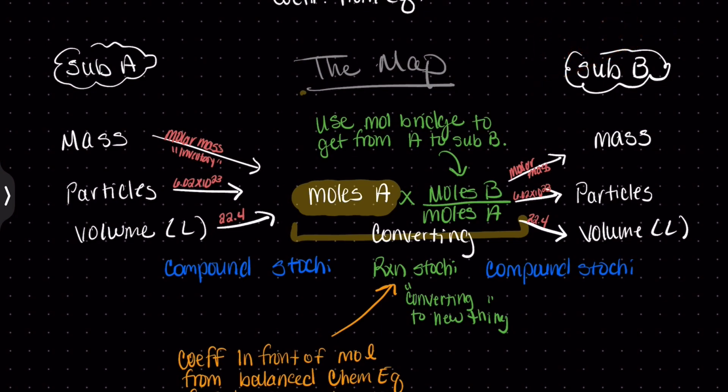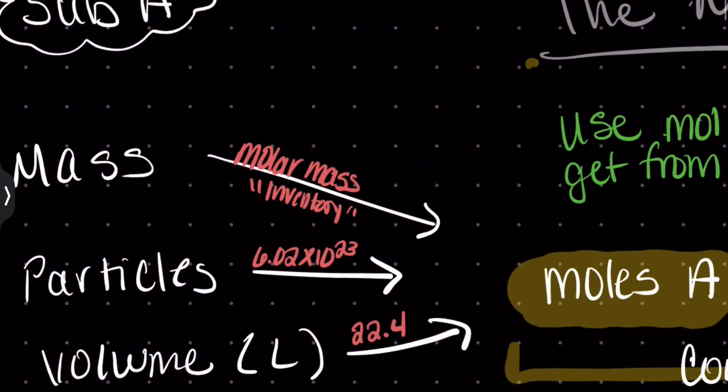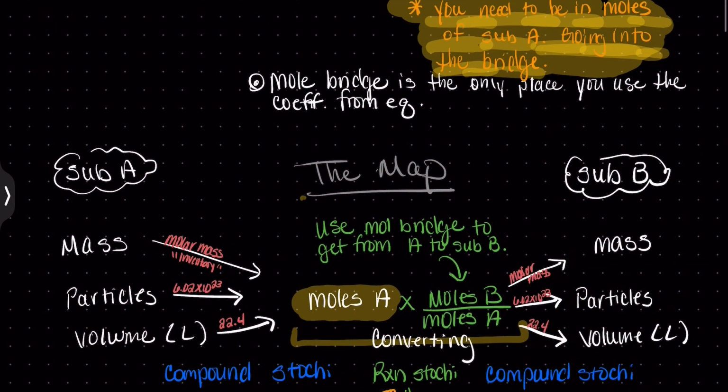You can have whatever type of substance A, a mass value, a particle value, a volume unit, and you have the compound stoichiometry skills going in to turn it into moles of A. If it's a mass value, you're talking about that molar mass. If it's particles, formula units, molecules, atoms, anything that means part of a whole, we're going to use that Avogadro's number. And if it's a volume situation, we're using the 22.4 liters to get us into moles of A.